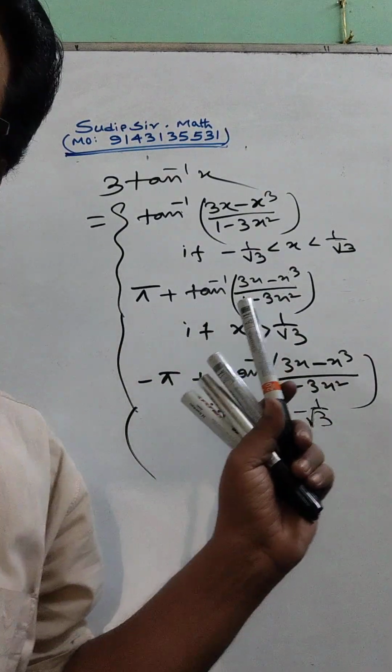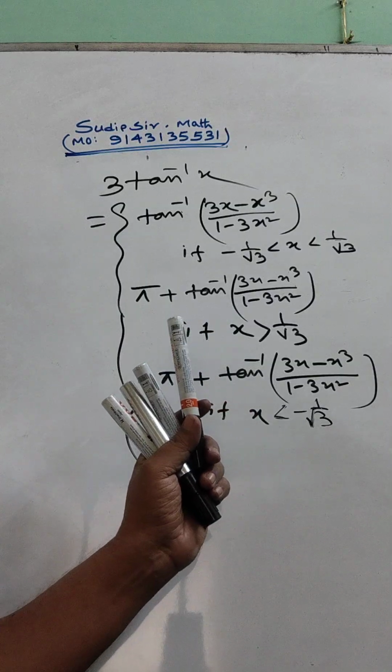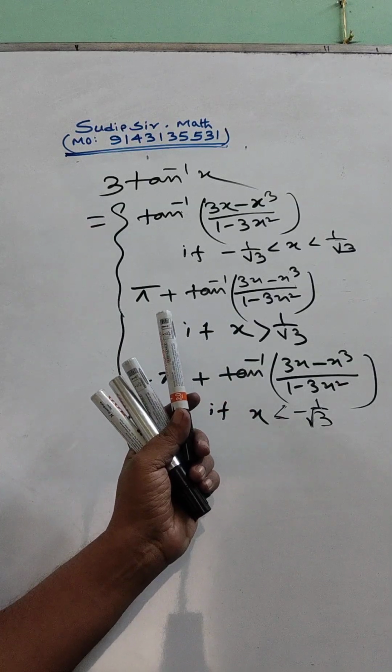Then 3 tan inverse x can be written this way.